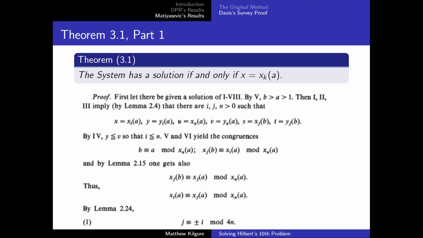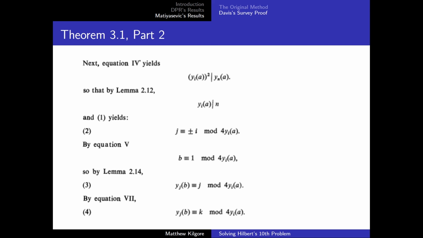And thus by lemma 2.4, j is equivalent to plus or minus i mod 4n. Now, equation 4 thus yields that y_i of a squared divides y_n of a. Thus by lemma 12, y_i of a divides n. And the first equation combined with this yields that j is equivalent to plus or minus i mod 4 y_i of a.